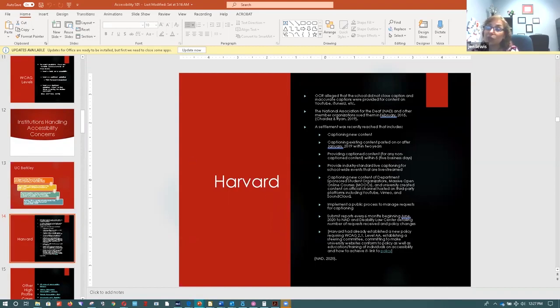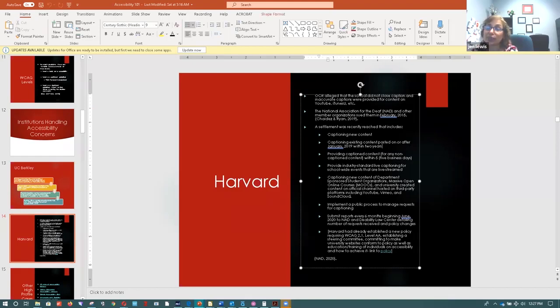The Harvard one was one of the many suits or complaints by the National Association for the Deaf. They have been going through the websites of big institutions one by one, looking to see what deficits there were, reporting those and filing suit. So you see that captioning exists on content posted on or after January 2019.